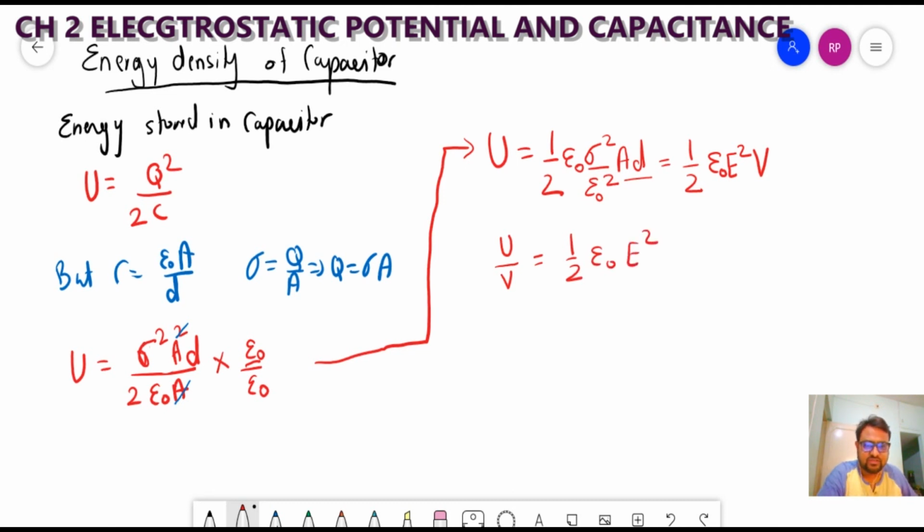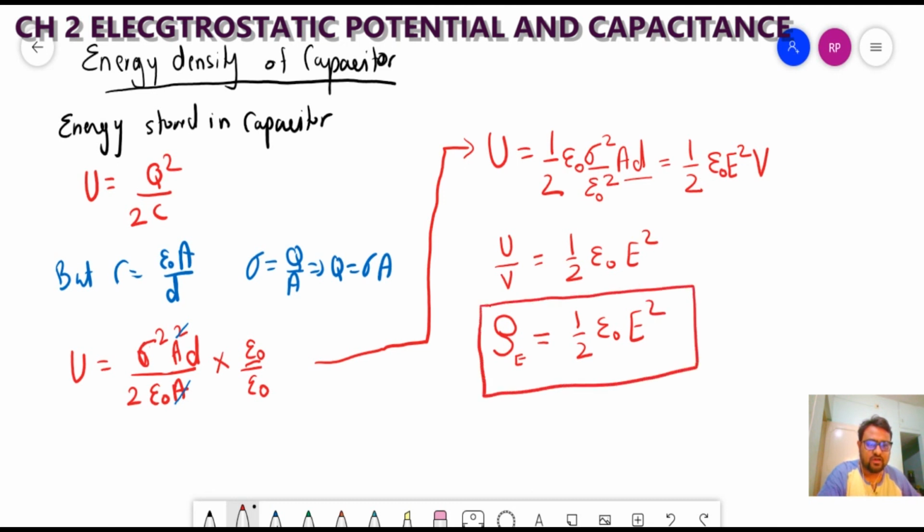This is called energy density. So I can use the symbol rho. Energy density will be equal to half epsilon 0 E square. This is the formula for the energy density of a capacitor. Just go through this derivation.